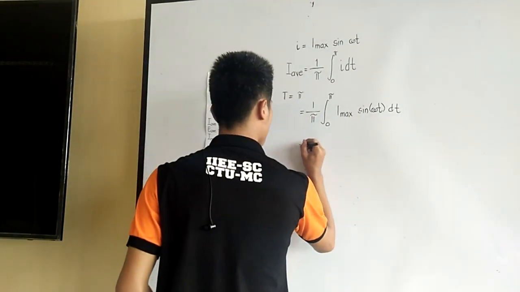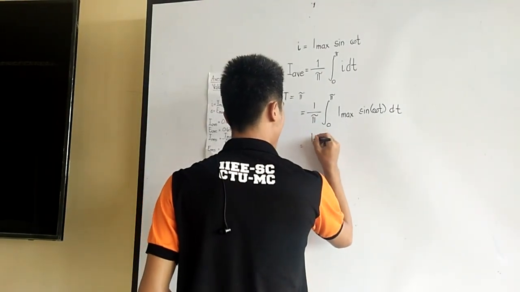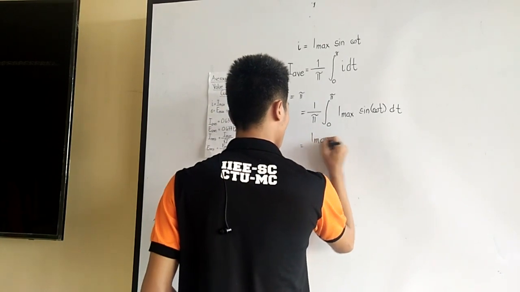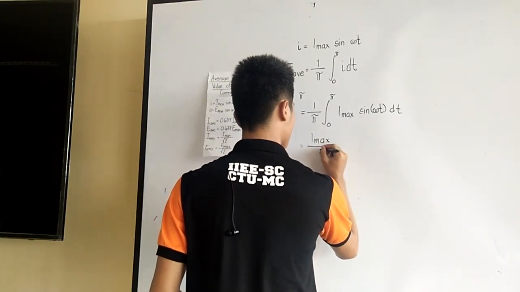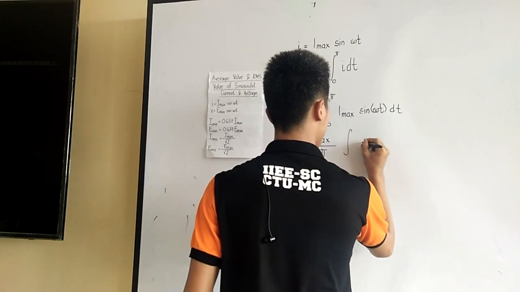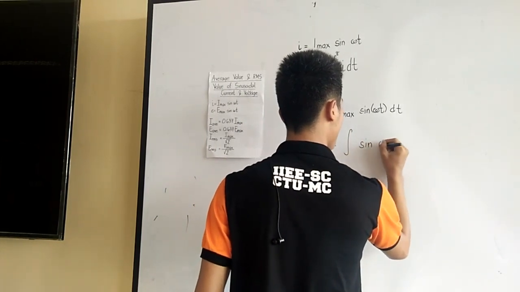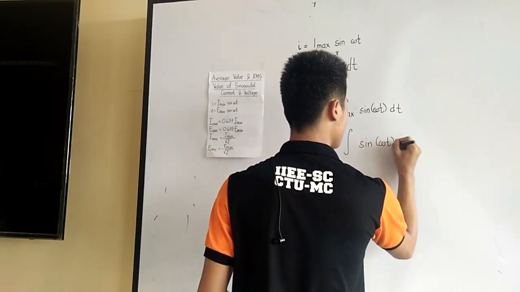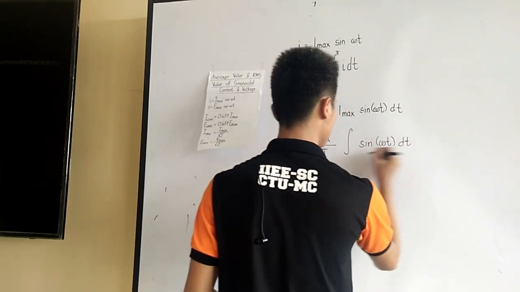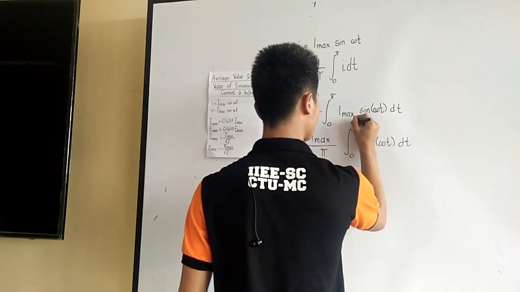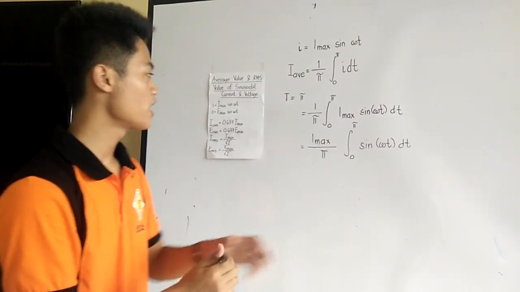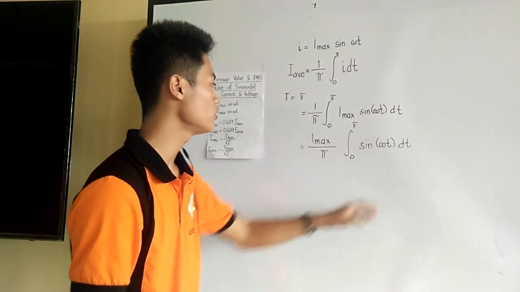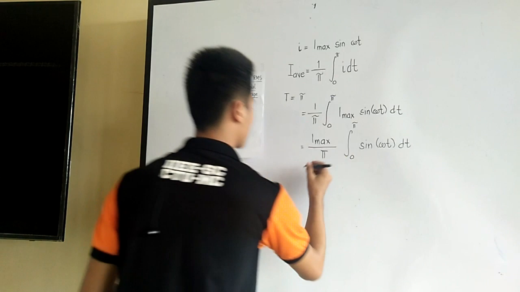So it will become I max over pi integral of sine omega t dt from the limits of 0 to pi. Now, our integral here is integrable, so we will simplify it.